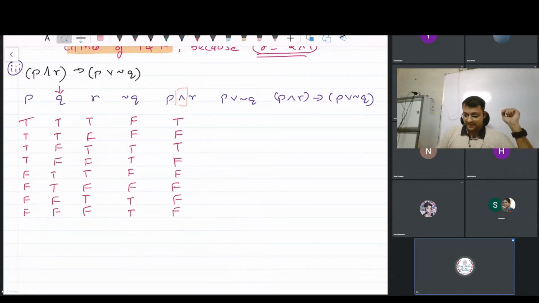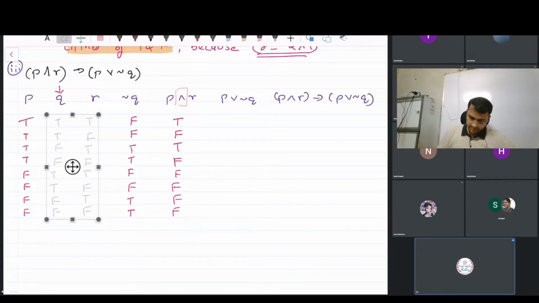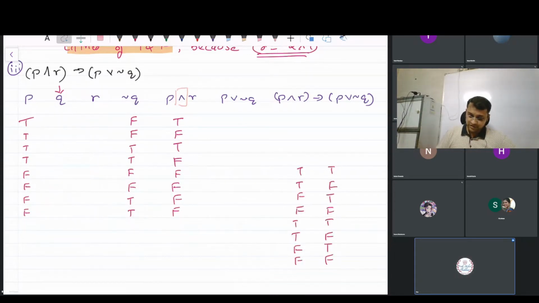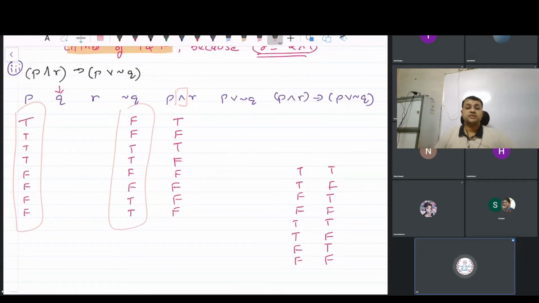Now I have to take care of P or negation Q. So guys, for P or negation Q, I require to focus on these two, 1 and 2. So what is the answer for OR? It's very easy. OR says if both the statements are false, then I will accept the answer as false.